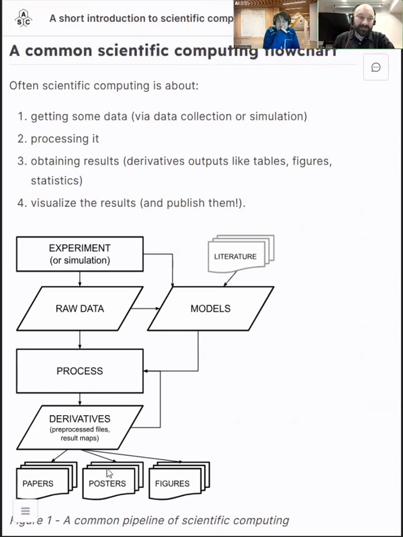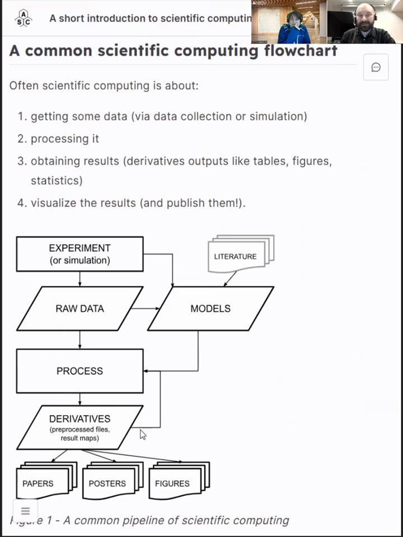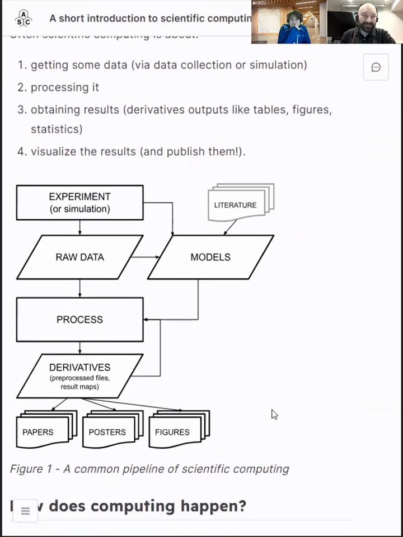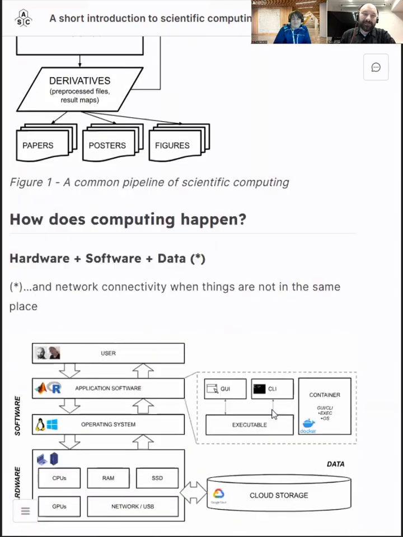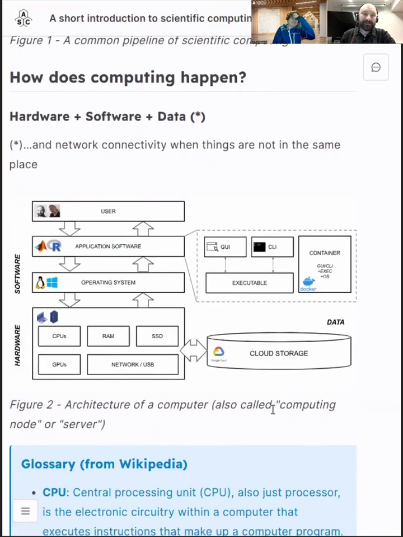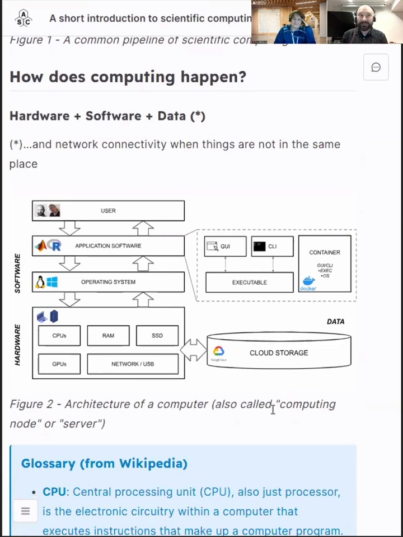And then you write papers, posters, figures, and publish and become successful and be a famous scientist. But then what actually happens in practice? I think this is very important because we were chatting with others that sometimes this jargon of the hardware needed for doing scientific computing is just assumed, as if everybody knows everything, but maybe it is not like that.